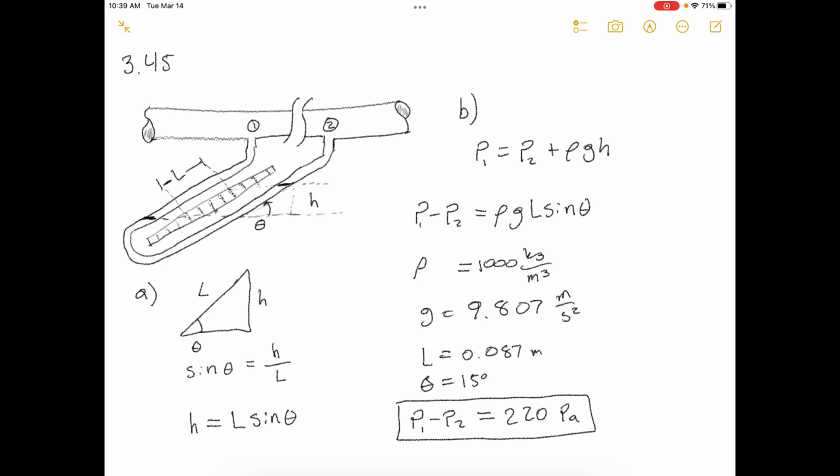But while H would be small and difficult to read for a small pressure drop if the manometer were vertical, L can be made quite large for the same pressure drop by making the angle of inclination theta small. Part A, derive a formula for H in terms of L and theta.